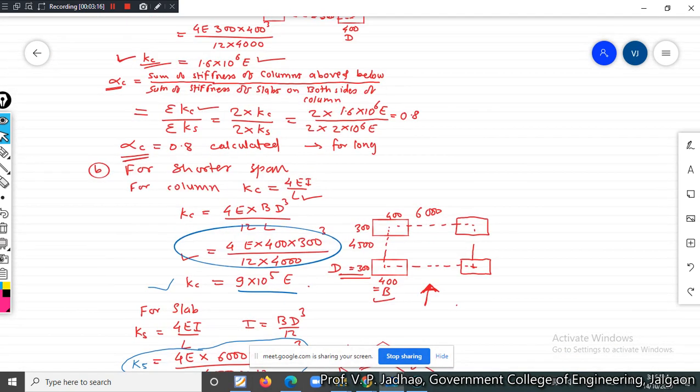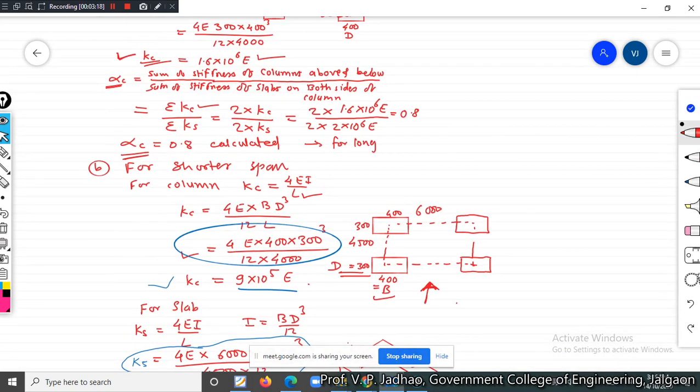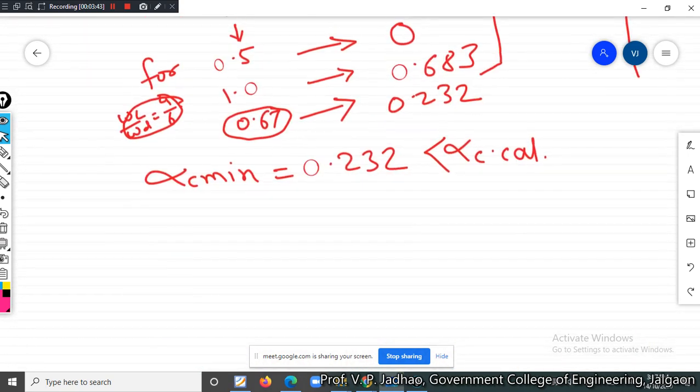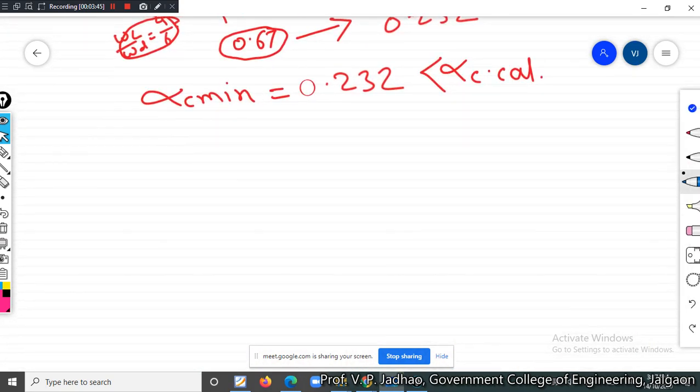For the longer span, the value of alpha C was 0.8, which is calculated here. Therefore the calculated value of alpha C is greater than alpha C minimum. Therefore along the longer direction no pattern loading correction is required.